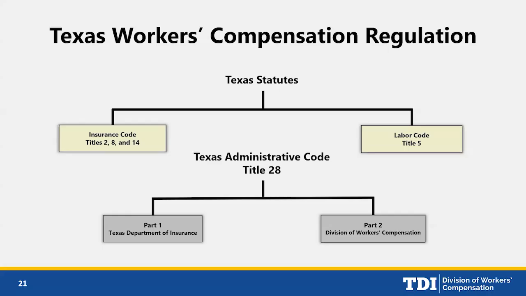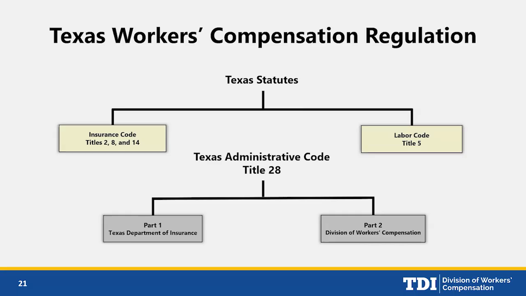So if you look at the insurance statutes that apply to workers' comp, the Texas Insurance Code on the left, there's certain sections of the Texas Insurance Code that covers property and casualty, auto, home, wind insurance. There are certain sections, Title 2, 8, and 14, that apply and cross over to workers' compensation.